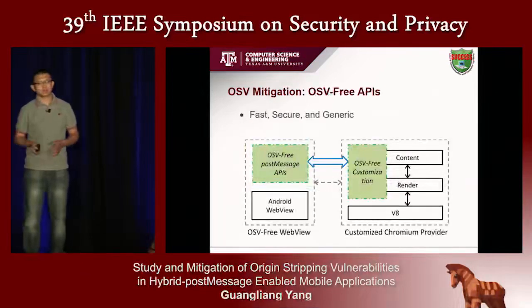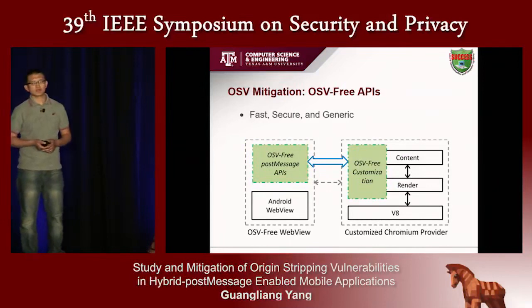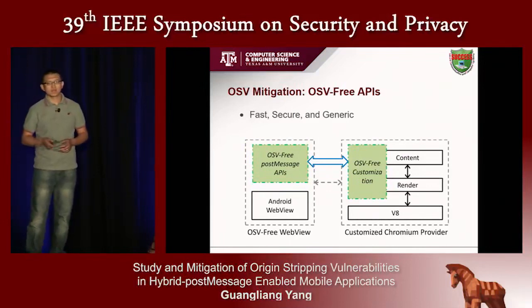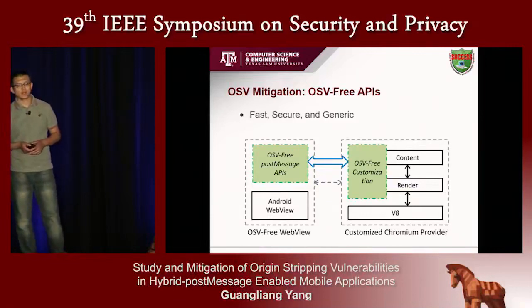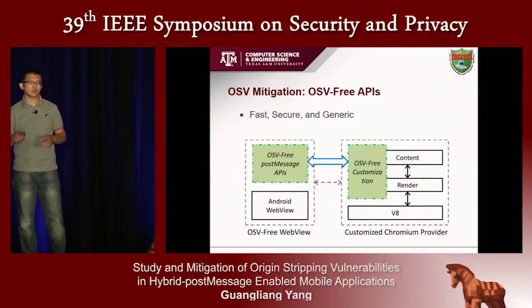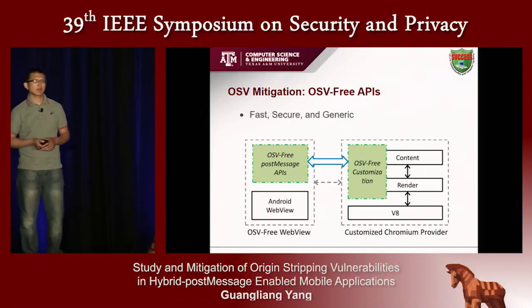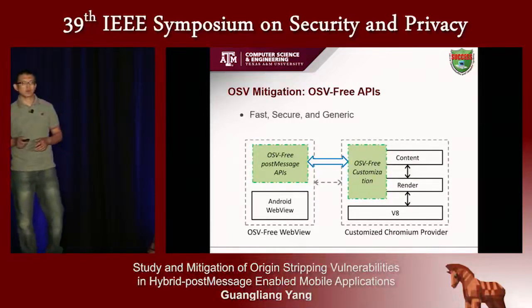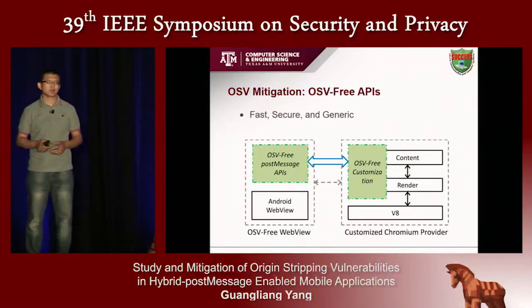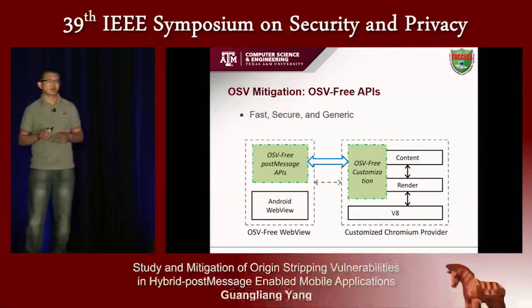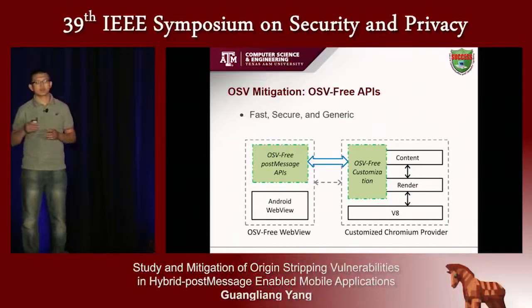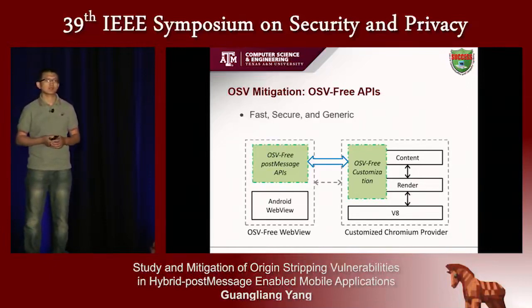Motivated by this, we developed a novel OSV mitigation solution called OSV-Free. This picture shows the architecture of OSV-Free, and it includes two parts. The first part, OSV-Free provides a rich hybrid postMessage API, and the second module implements some customization in the WebView library.